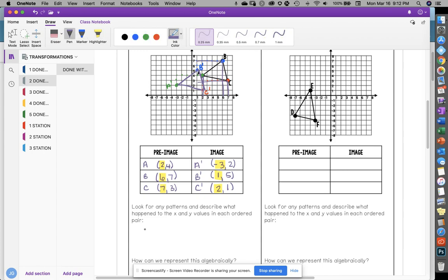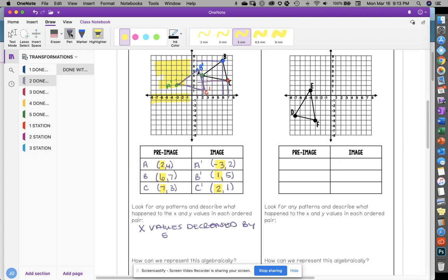So we're going to say that our x values decreased by 5. And why do you think we decreased by 5? Because we're moving in this direction, and this direction contains negatives. So to get a negative x value, you are decreasing.